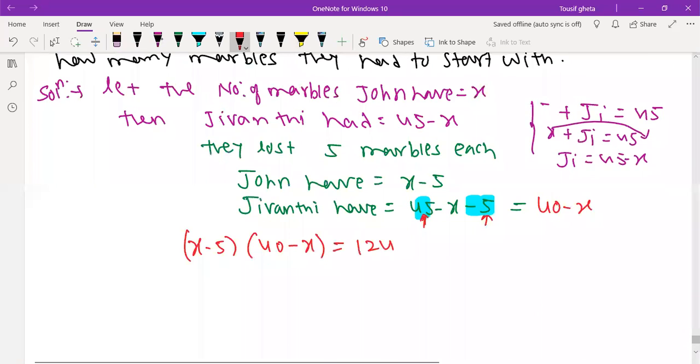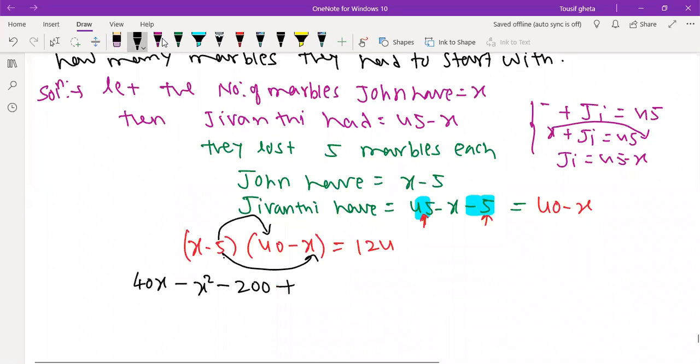You can easily multiply x into 40, 40x. x into x will give minus x square. So the first part of the multiplication is over. Carefully, hope you are observing. If you have a doubt, you can message. Then minus 5 into 40 will give minus 200. Minus 5 into minus x, minus into minus is plus 5x, is equal to 124.